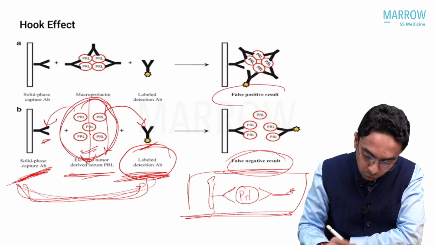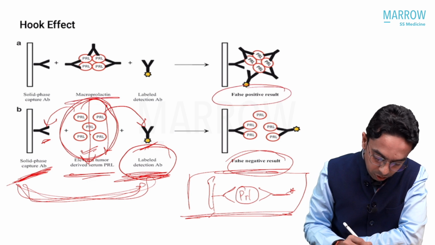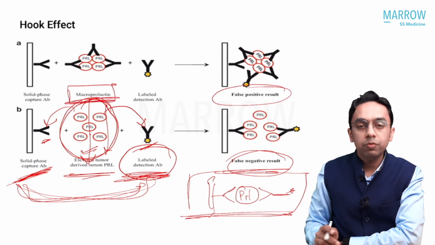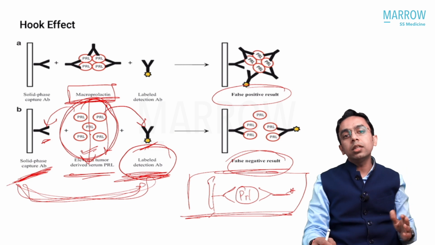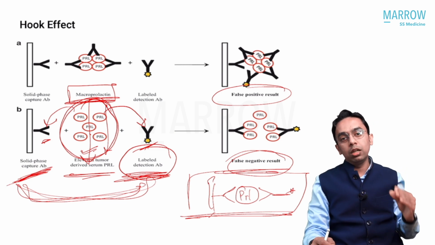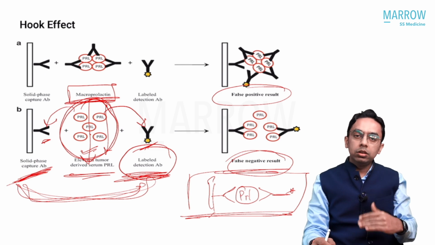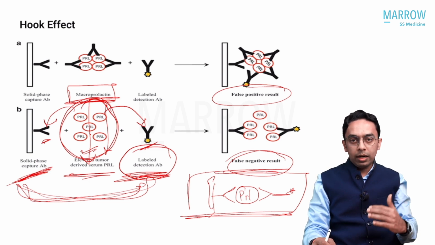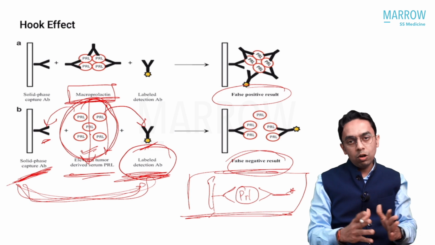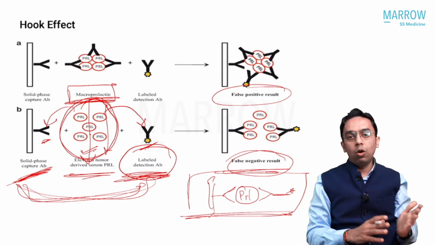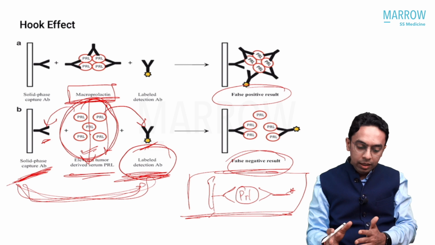Then there are also false positive results. This is about macroprolactin. What is macroprolactin? Macroprolactin is nothing but prolactin to which some antibody, especially IgG, is bound, and since this is now a bigger molecule, it is not excreted via the kidney.